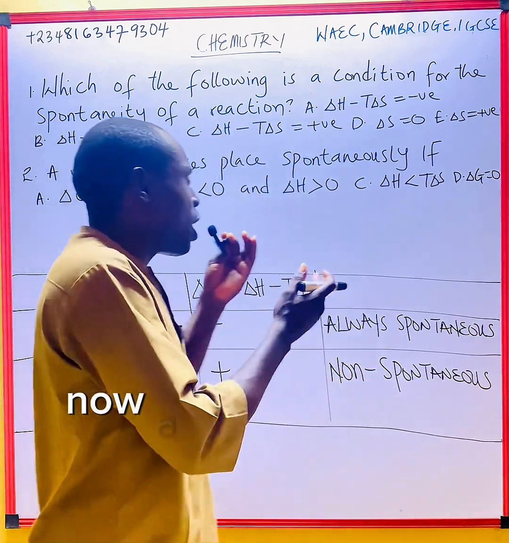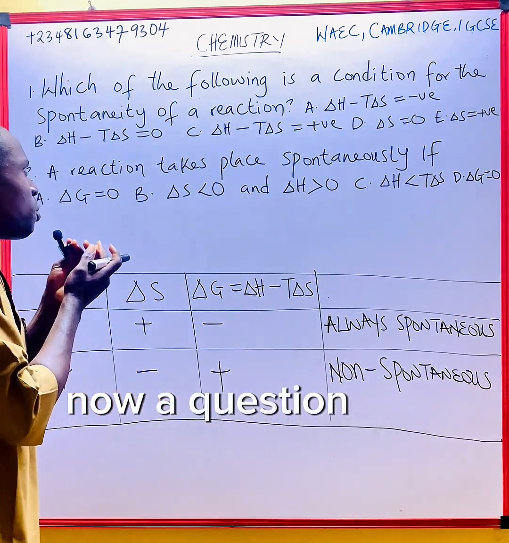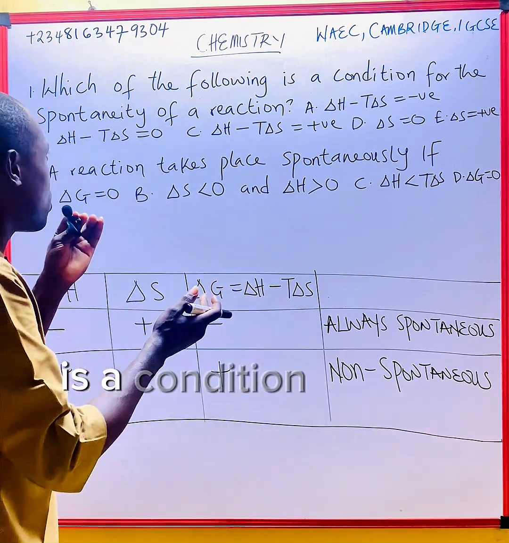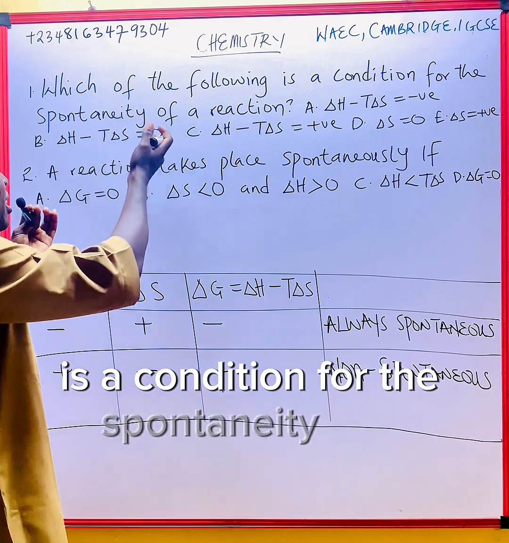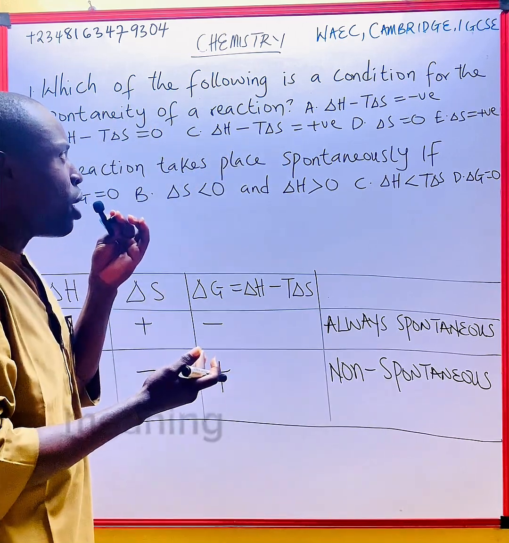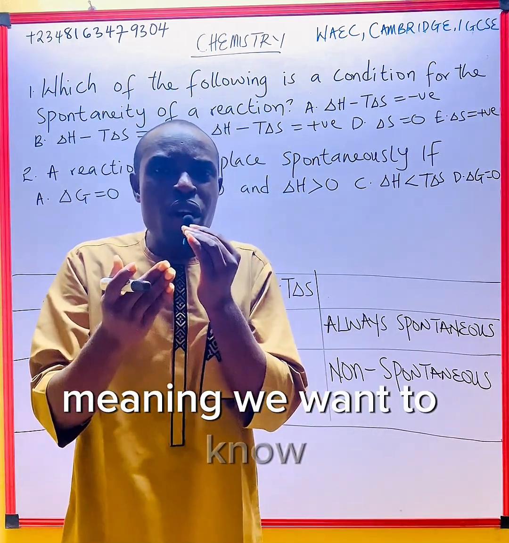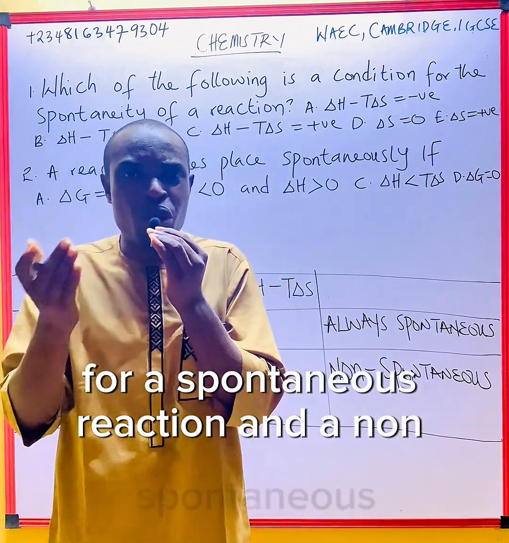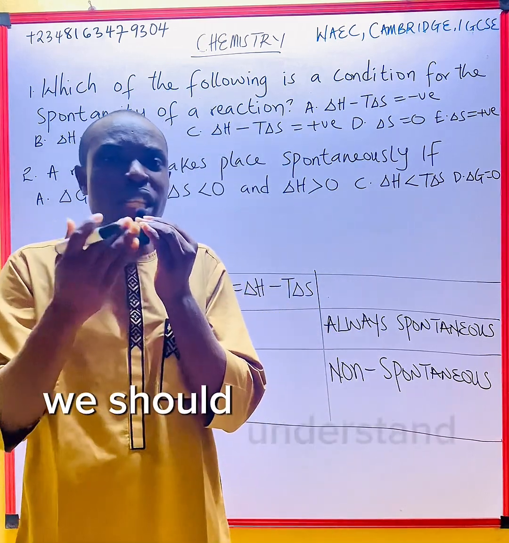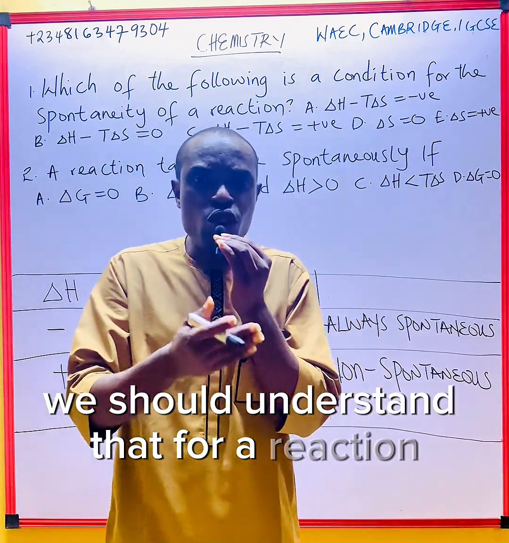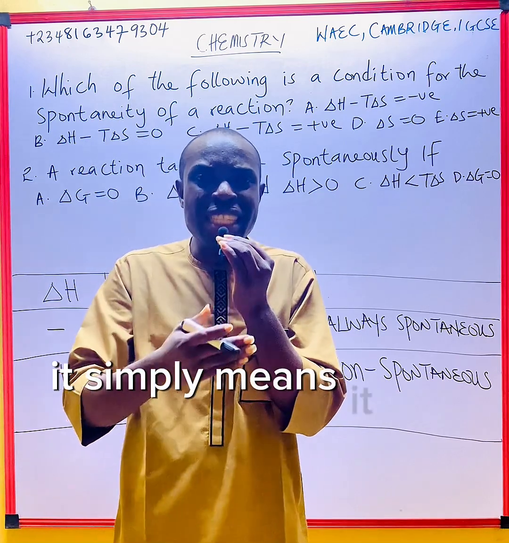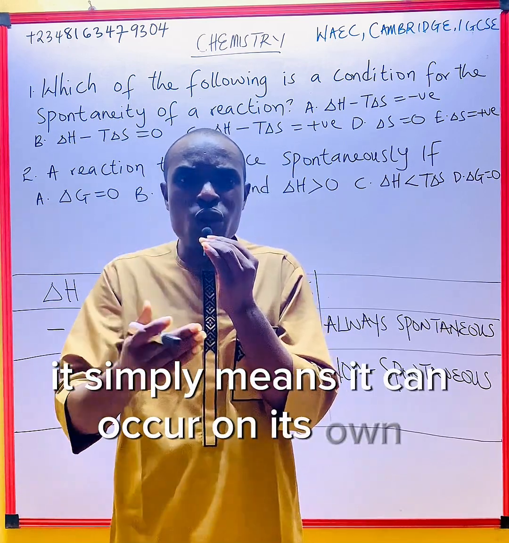Now, a question was given to us: which of the following is a condition for the spontaneity of a reaction? Meaning, we want to know about a spontaneous reaction and a non-spontaneous reaction. We should understand that for a reaction to be spontaneous, it simply means it can occur on its own accord.